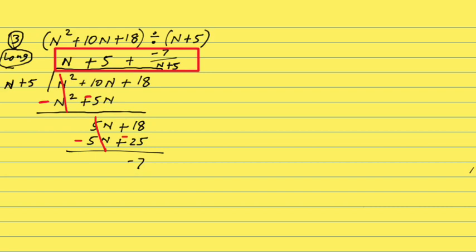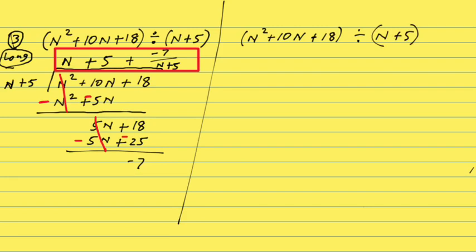Okay, for synthetic division, you have to realize I'm going to do the same problem. N squared plus 10n plus 18 divided by n plus 5. Are all powers represented in decreasing order? N to the second, n to the first, and whether you know it or not, n to the 0. I think they're in decreasing powers, right?